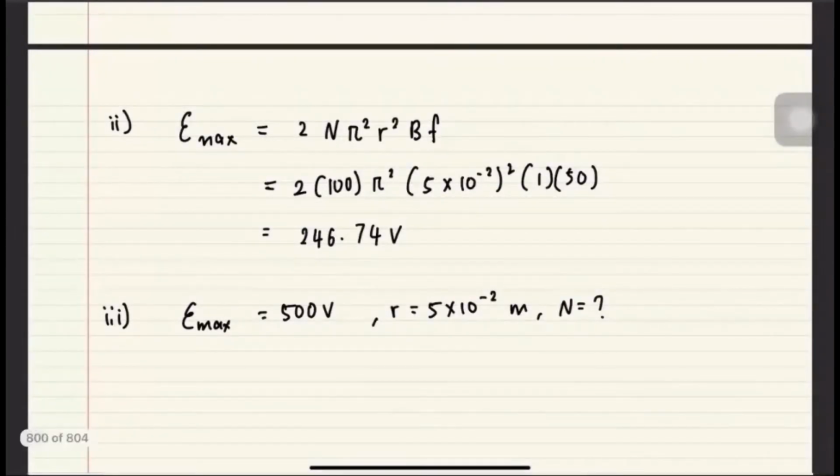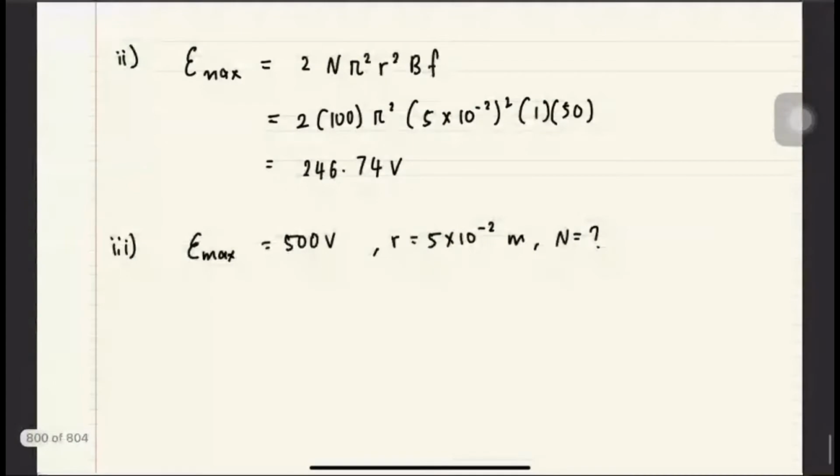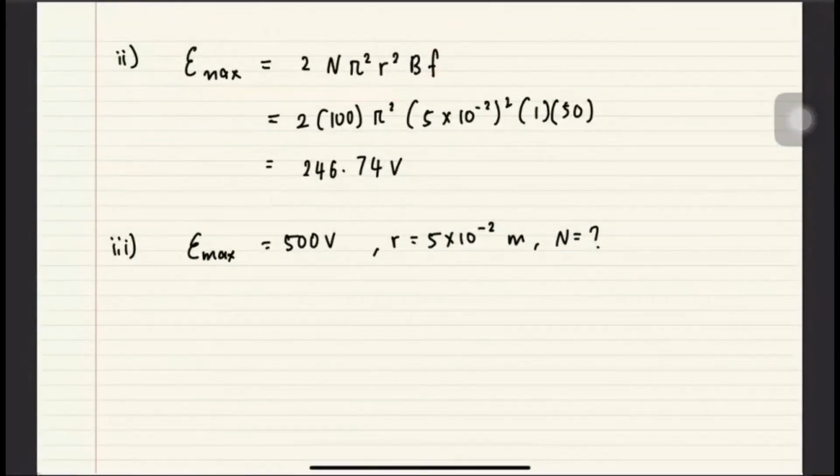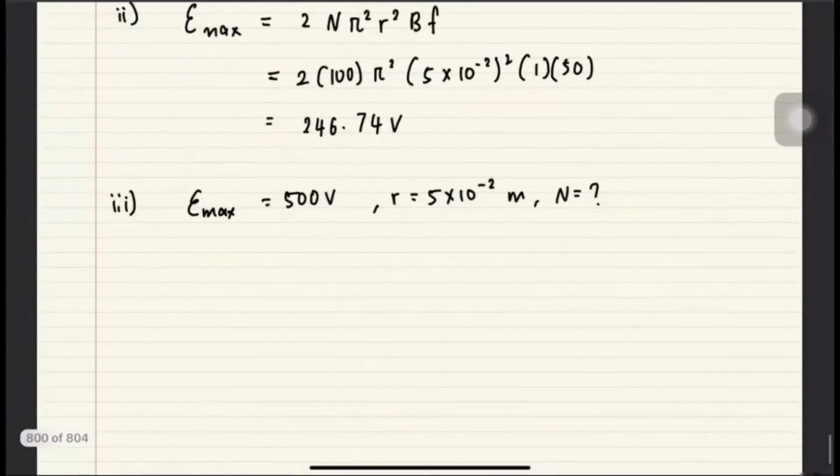Okay, so based on the equation before, we are talking about maximum EMF kan. So kita ignore yang sign tu, sign tu jadi 1. So I can substitute 500 tu dekat belah kiri ni. N tu kita nak cari. Saya tengah tengok di atas ni, saya masuk dia balik dalam ni, saya tak cari balik lah. Pi square is a constant.